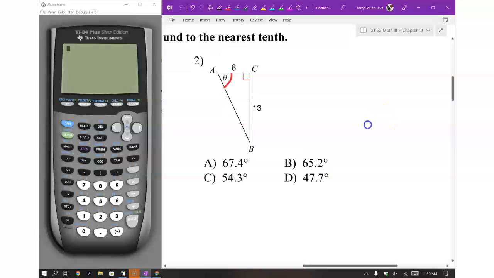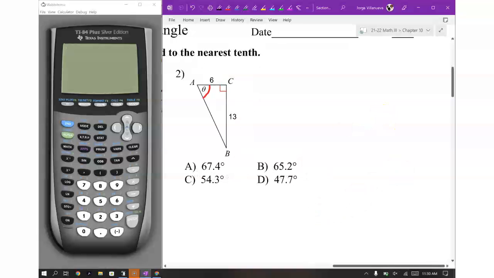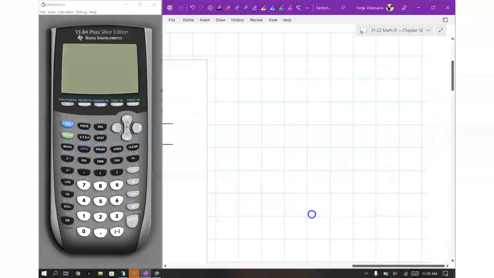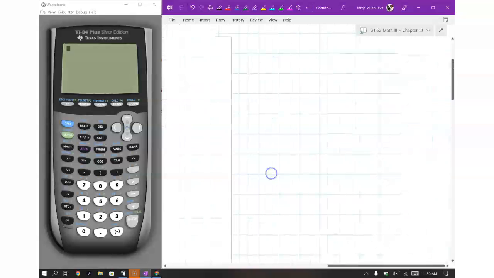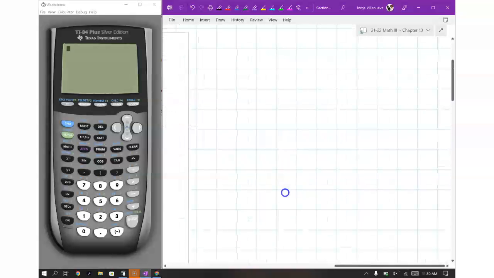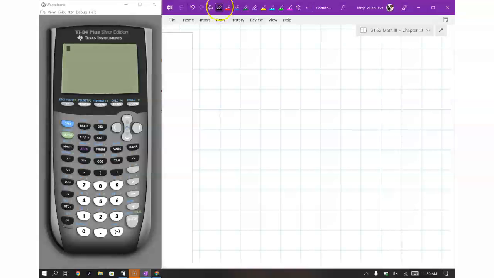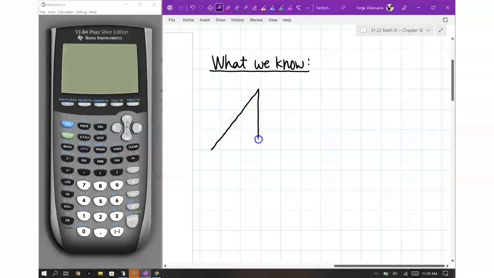But before we do that, I want to just write some stuff out for you guys, okay? So just a little bit of some definitions that you're going to need to know. So, this is what we know. So, things that we know.